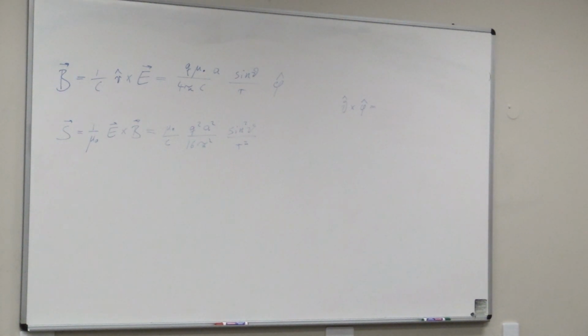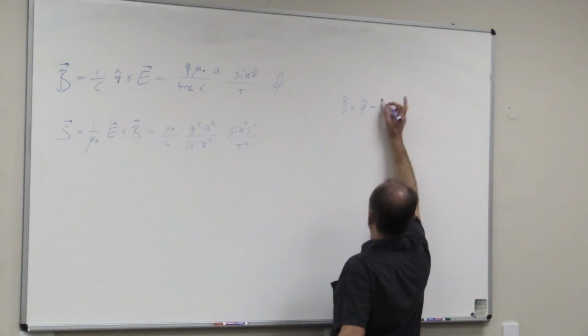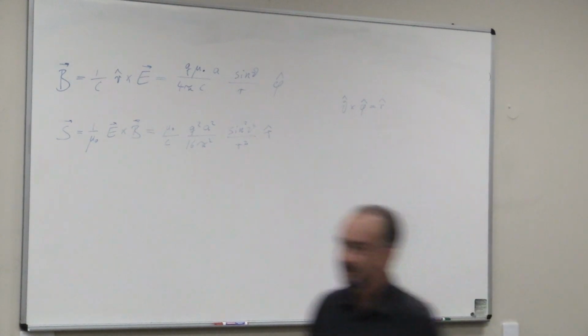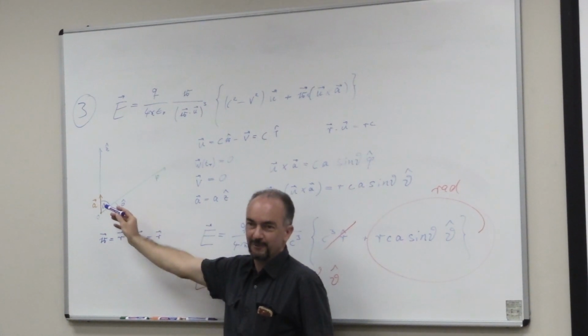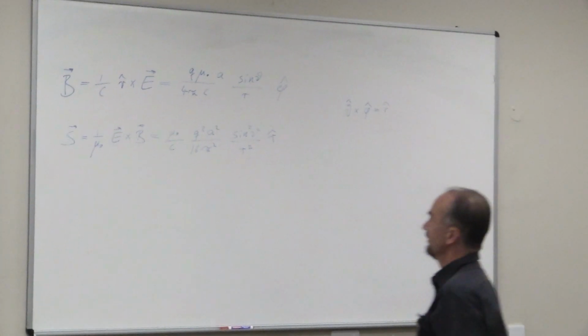So theta cross phi goes in our direction. And of course that's what you expect, but anywhere you look, the radiation has to come right from the source, right? From the point source. Okay, so this is our Poynting vector.